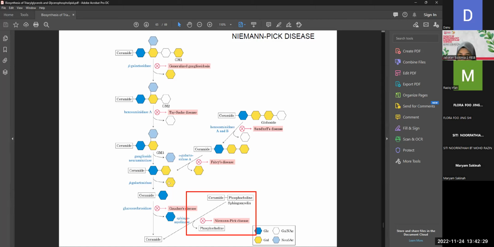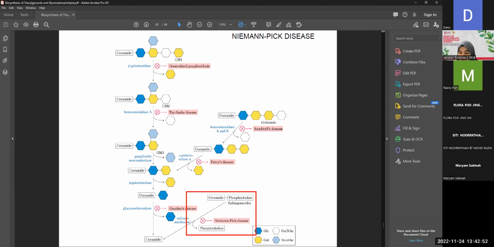Then if we look at Gaucher disease, this is the enzyme that is deficient: glucocerebrosidase.